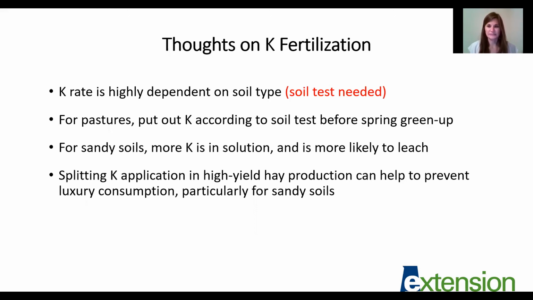Another process that affects potassium availability is the fact that forages will uptake more potassium than they actually need. We call that luxury consumption. And so again, splitting applications can help with potassium availability by preventing luxury consumption and leaching in sandy soils.